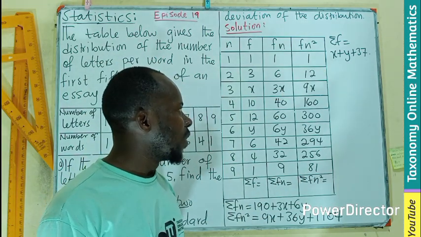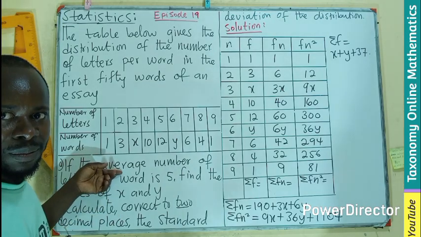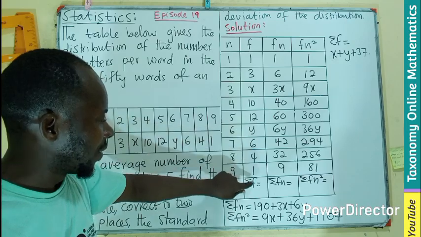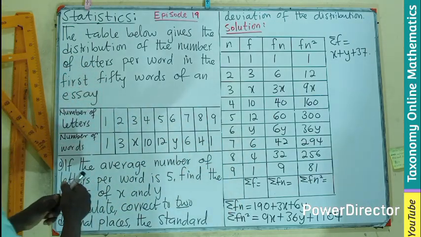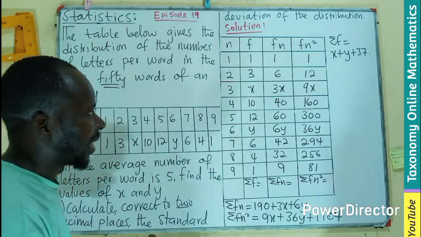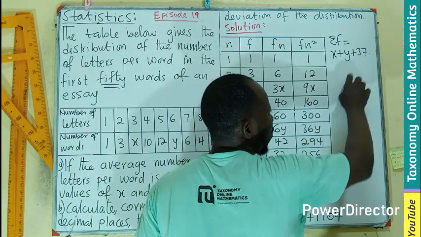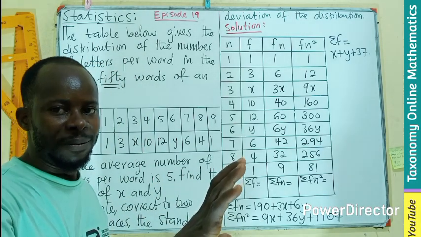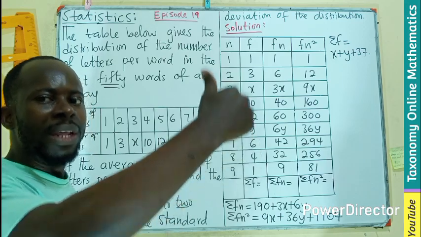Now, what we need to know is that we have been given the average, which is the mean. We've also been given the number of words, the first 50 words. So the total number of words, x plus y plus 37, is actually supposed to be 50. That will give us the first actual equation.